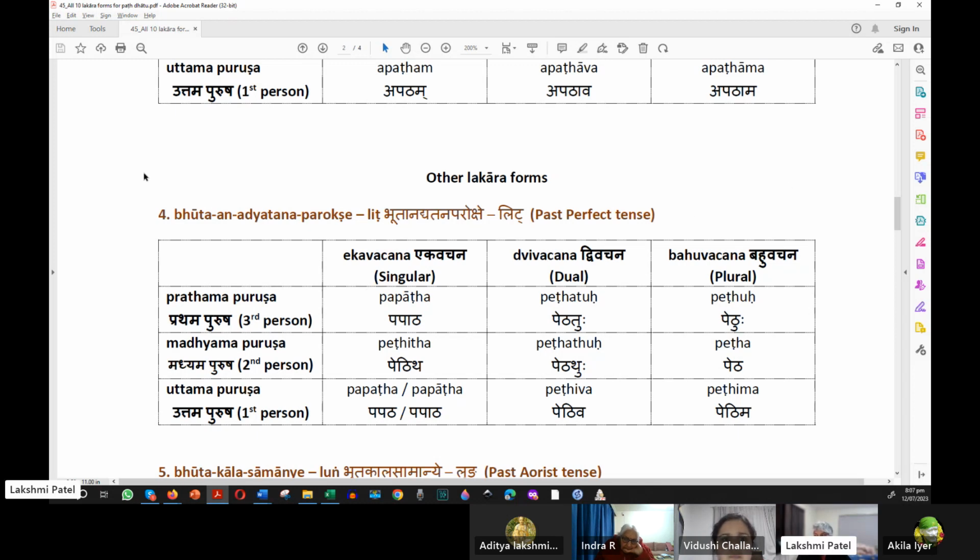So this table is for you to be familiar with, so that when it appears somewhere, so when it comes babhuva, babhuva is papatha, prathama ekavacham.